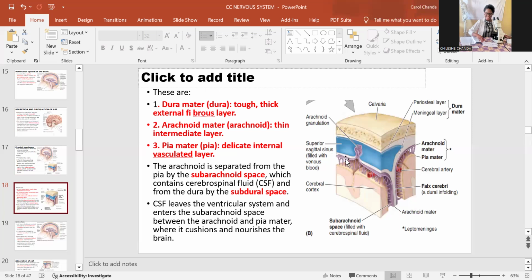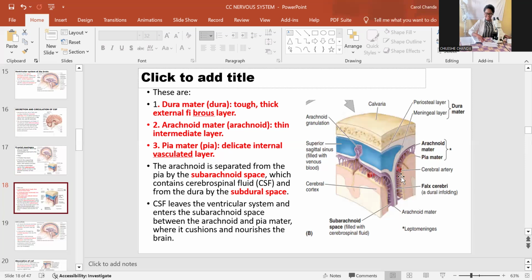Okay, it is just the thin intermediate layer just below the meningeal layer of the dura mater. And then we have another layer which is adherent to the brain. It adheres to the brain. Now that layer is what is going to be known as the pia mater.